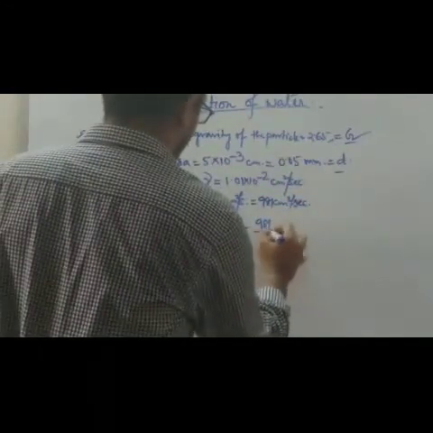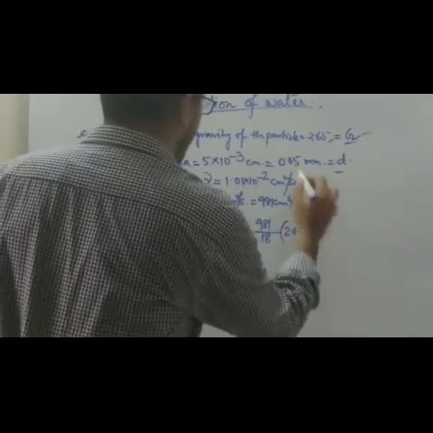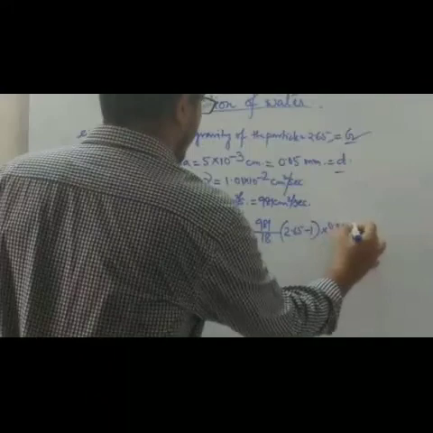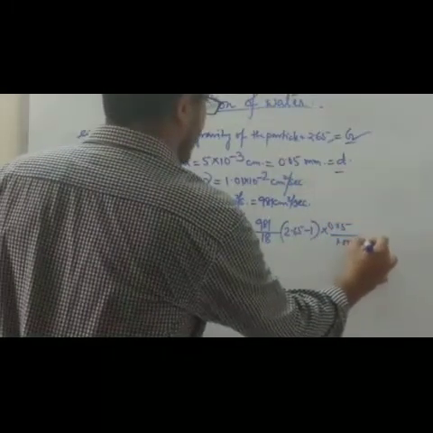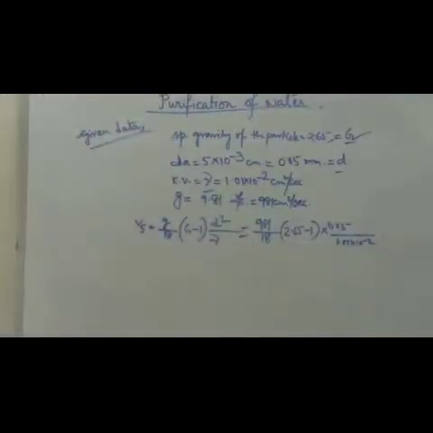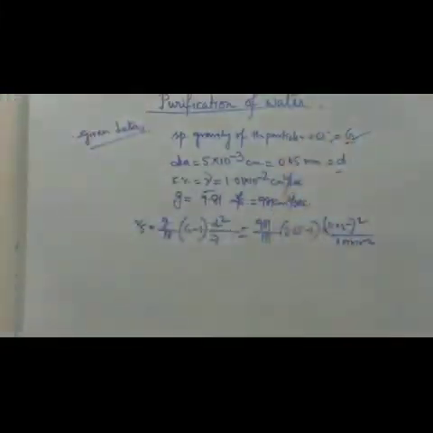So 981 by 18, (2.65 minus 1) into 0.05 square by 1.01 into 10 to the power minus 2. So this is the equation which we will get from this theory.